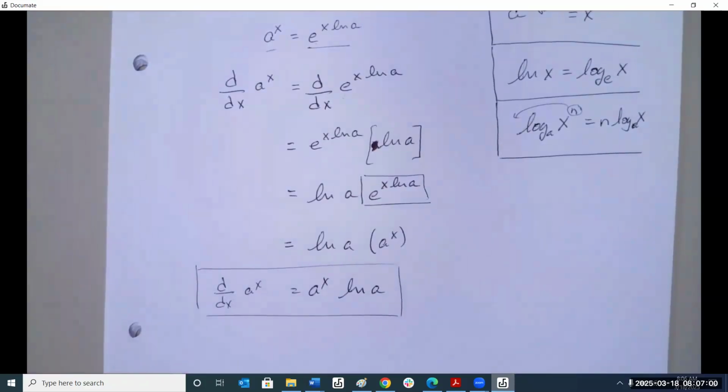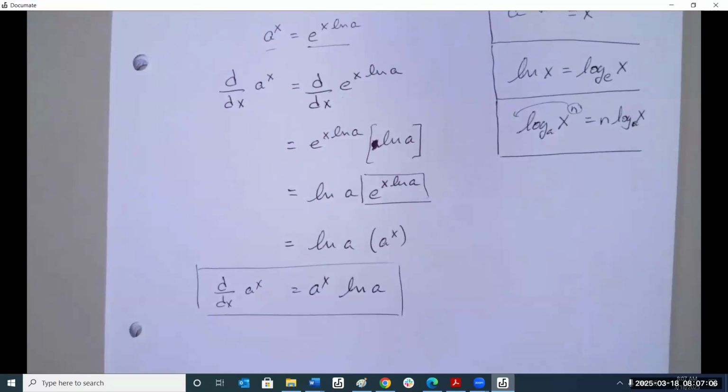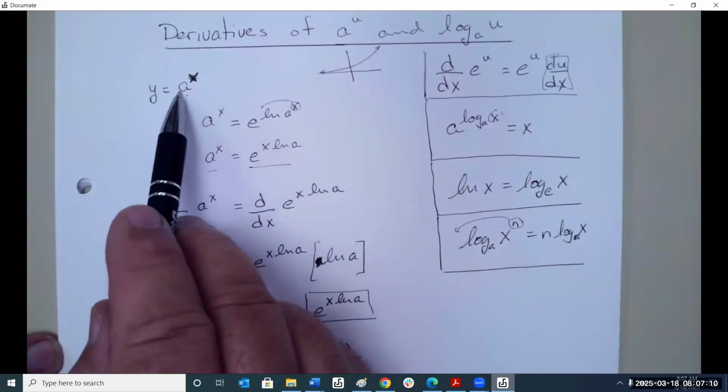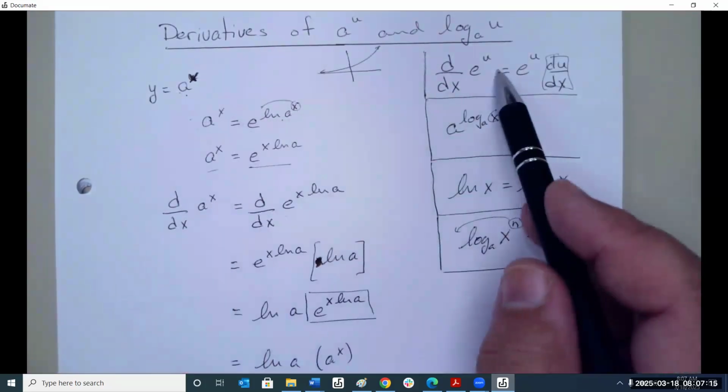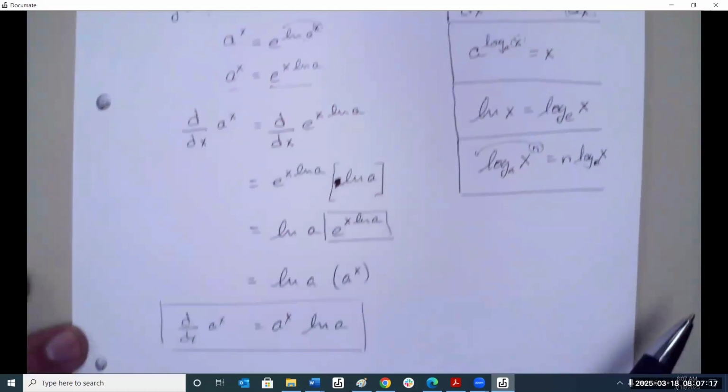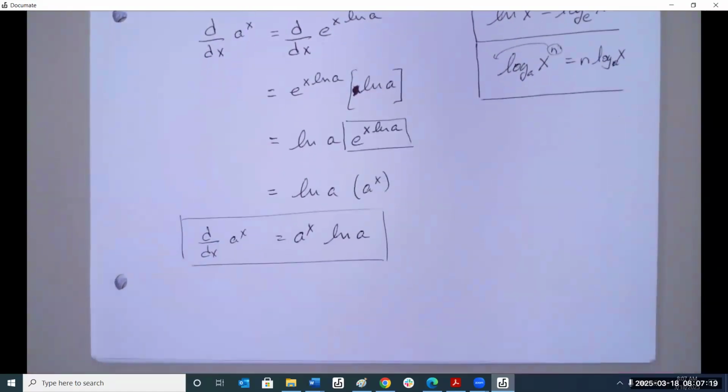So there's our formula for the derivative of a to the power x. We can rewrite this, it's the same thing because of the rules of exponents, and all we do is just transpose them.